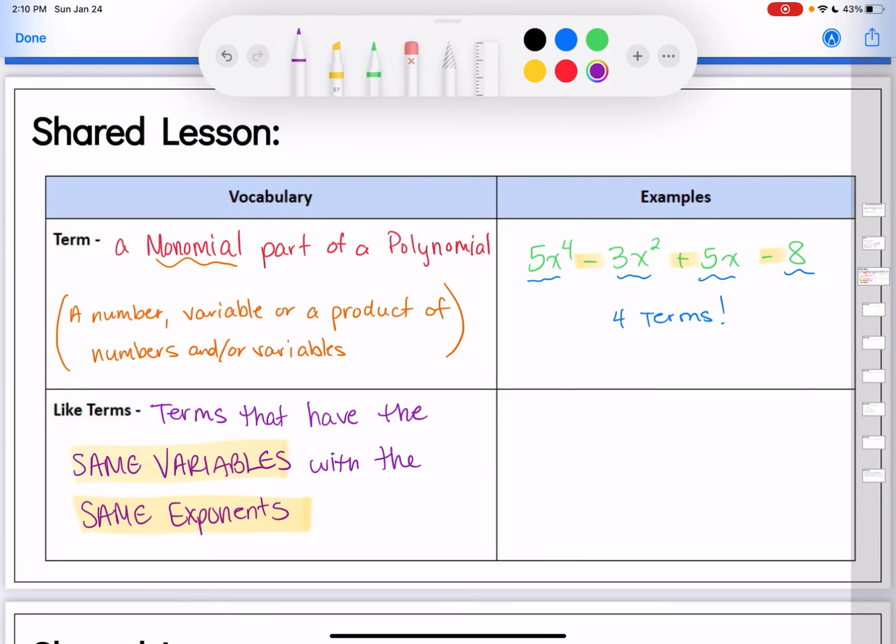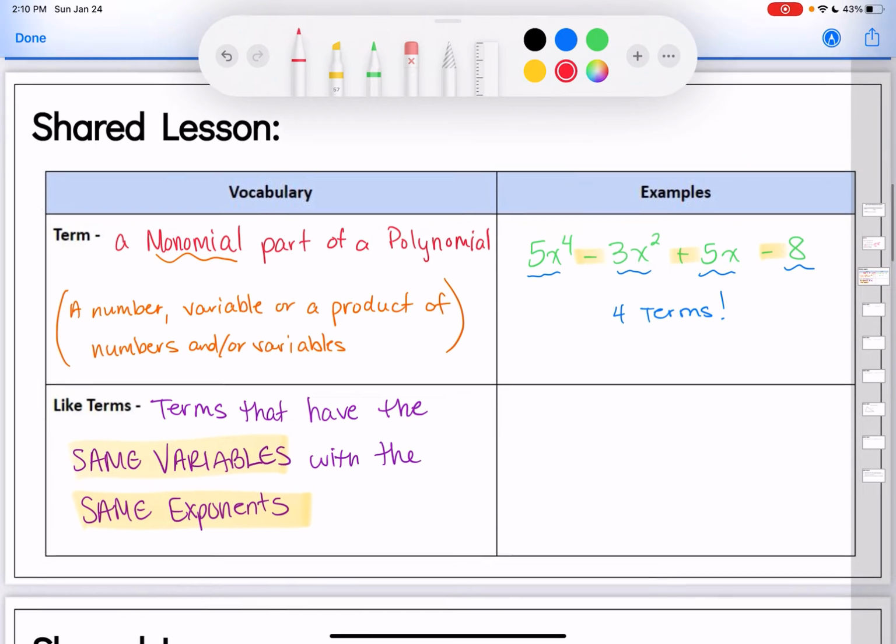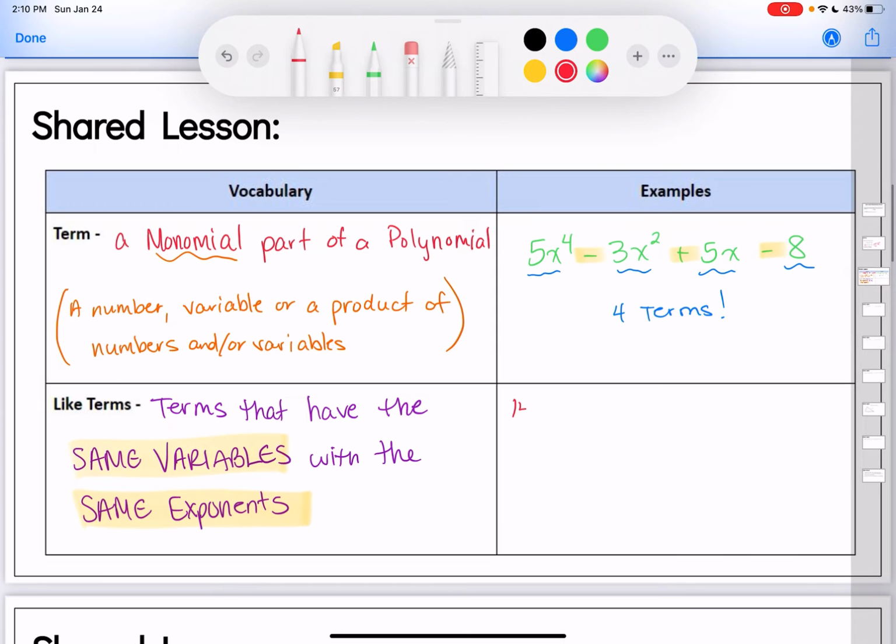So I'm just going to give you some examples here of like terms. So for example, I could have 14m and negative 1m, right? They both have just an m. Those would be like terms. I could have something a little bit more complicated. I could say 32n to the fifth and 28n to the fifth. Again, they are both n's, but they are both n to the fifths, right?